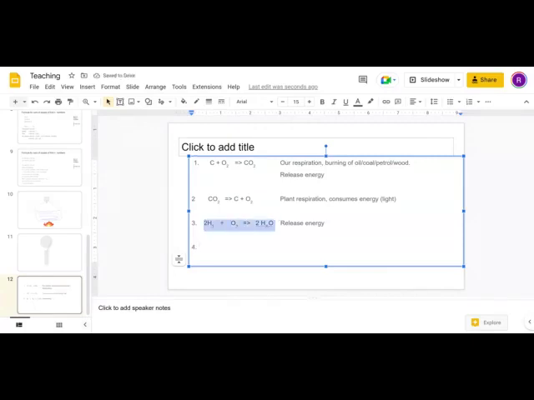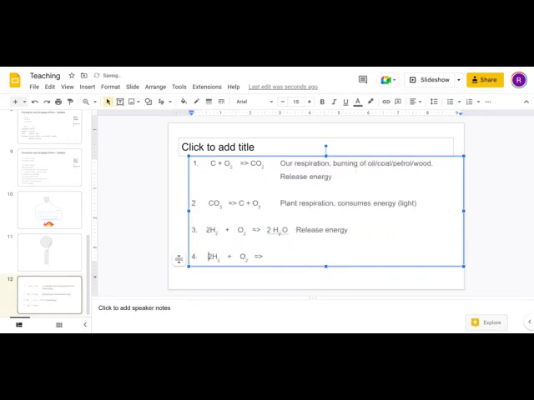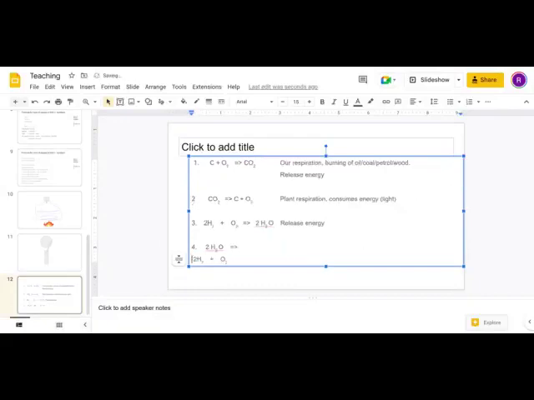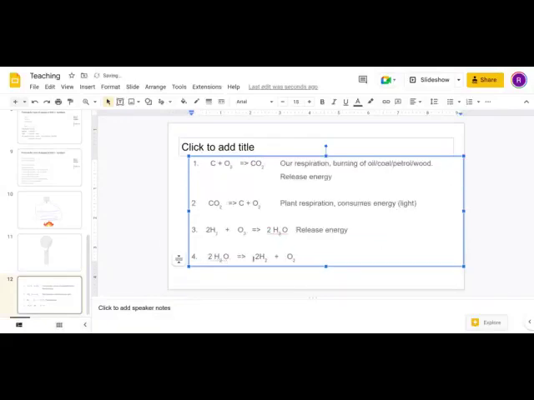Suppose I want to go in the opposite direction. So I want to take water, can I do that? Do you know if this is possible? Do you know if there is a way to get separate hydrogen and oxygen from water? Number 4 is possible.